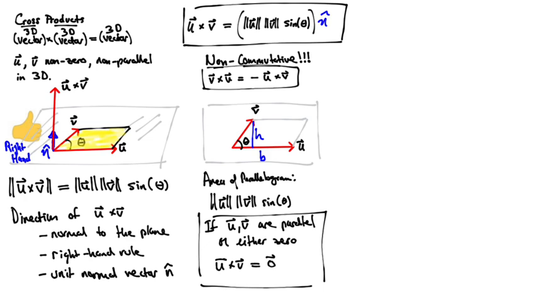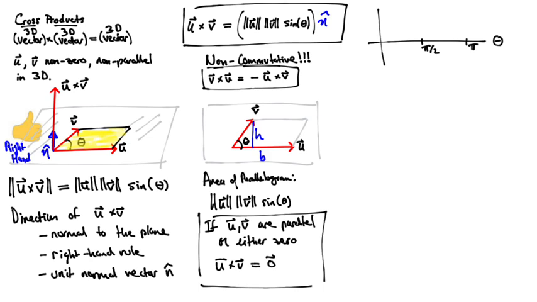Why does that make sense? Well, if the angle between them is 0, in other words, the two vectors are parallel, then the sine of the angle is 0. If the angle between them is 180 degrees, in other words, they're parallel but pointing in opposite directions, the sine again is going to be 0, and so the length will be 0. If either of the vectors is 0, then the lengths here are 0, and that just makes the entire quantity 0.